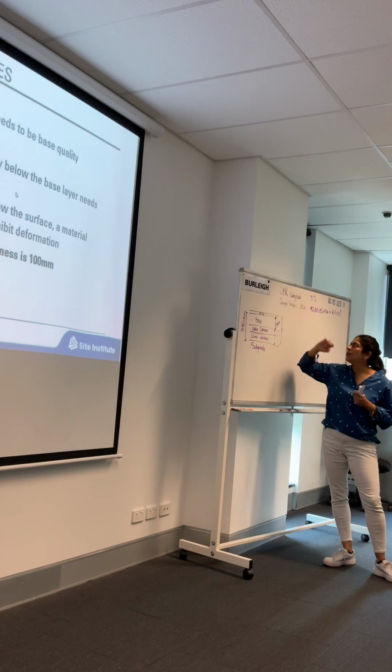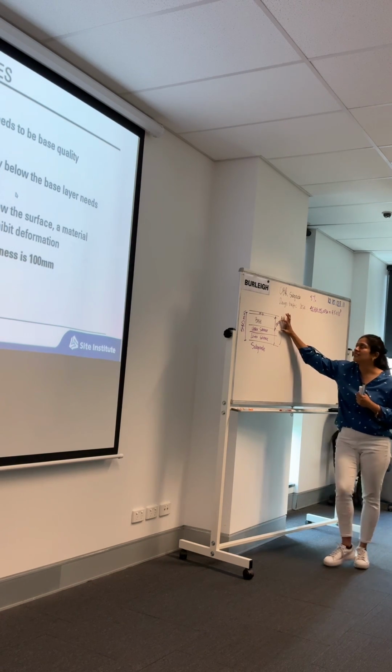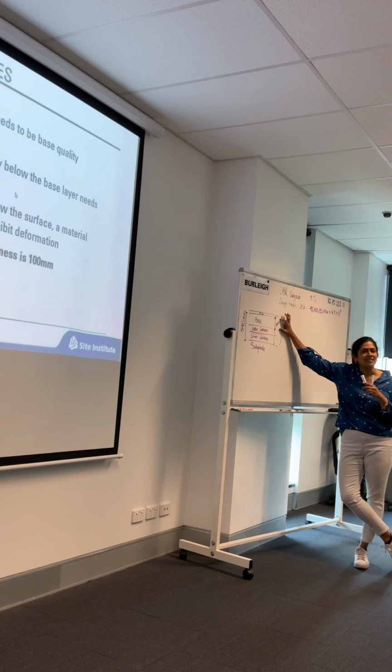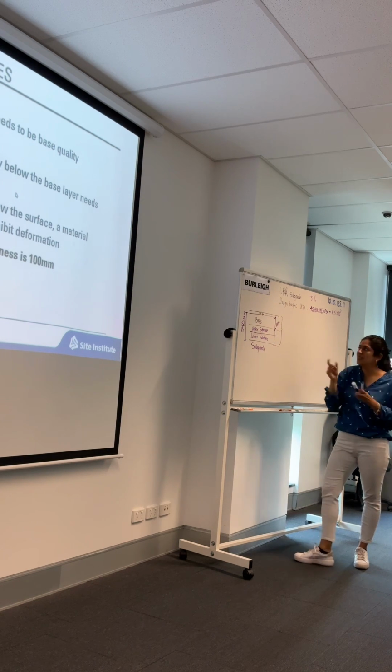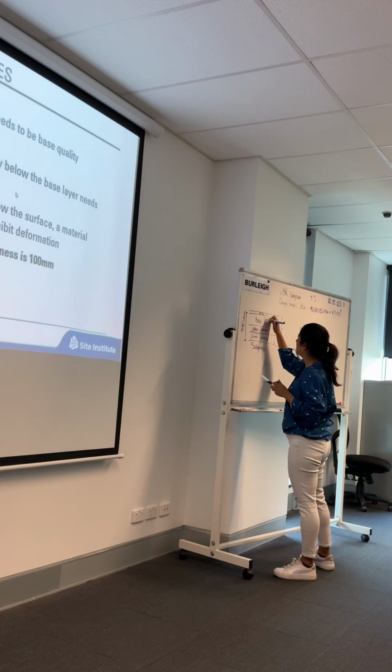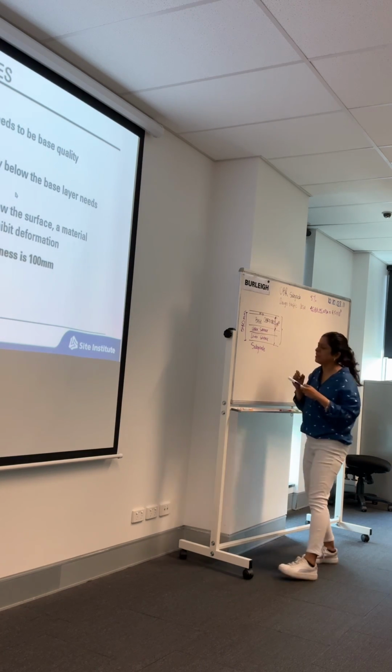So that table is going to tell me that the minimum thickness is 180, but the material that we put in that layer has to be a material with a CBR of at least 80%. So this material needs to have a CBR bigger or equal than 80%.